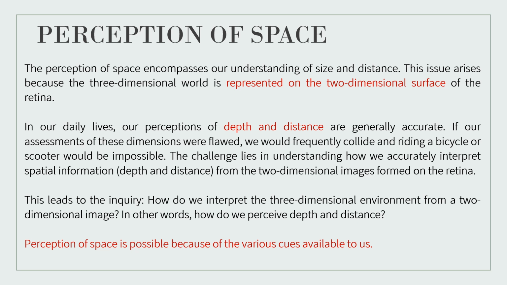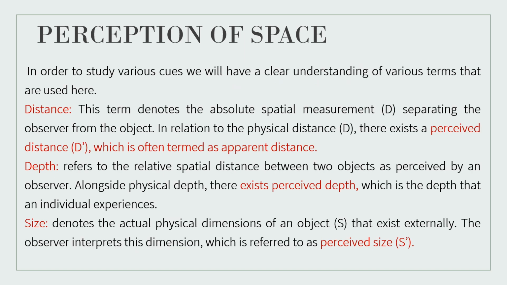Perception of space is possible because of various cues available to us. And what are those cues? We will learn next in the slides. So first we go through the cues. We have to learn about distance, depth and size in terms of perception of an object in space.